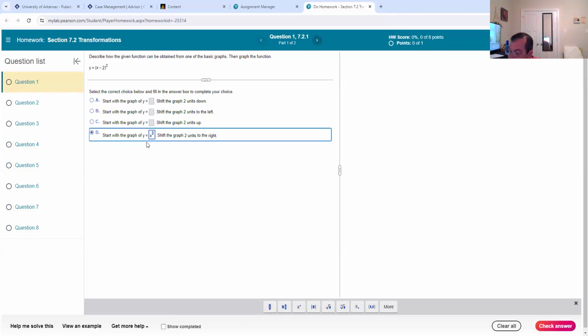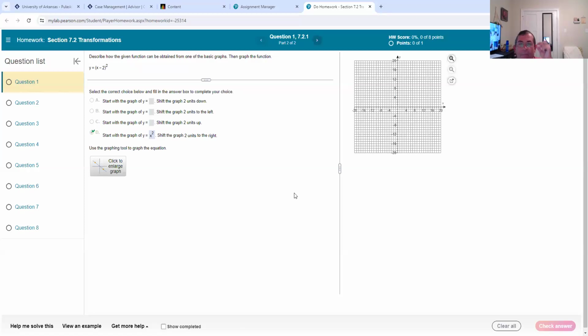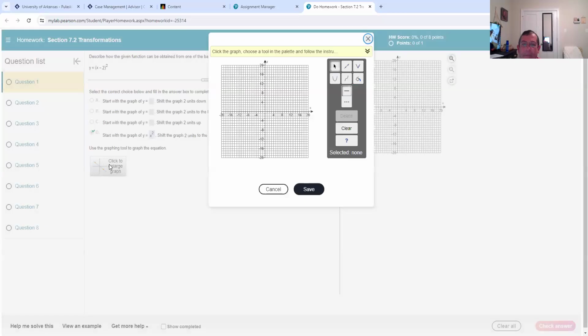So we're starting with the basic graph of x squared. We're shifting it 2 units to the right. So y'all, make sure you check the answer. Then it's going to let us graph it. So I'm going to click to enlarge my graph.